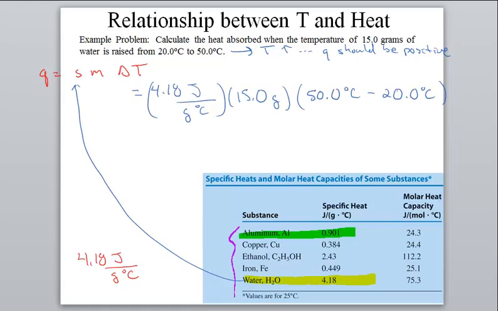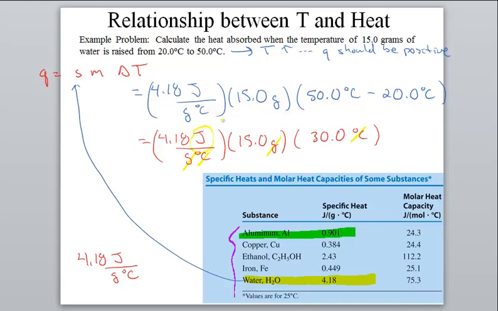The final temperature is 50 degrees Celsius. So the change of temperature is a positive 30 degrees Celsius. As far as canceling units, grams and grams cancel, and Celsius cancels, and we're left with a unit of joules. And our answer is around 2,000 joules, 1.88 times 10 to the third joules.